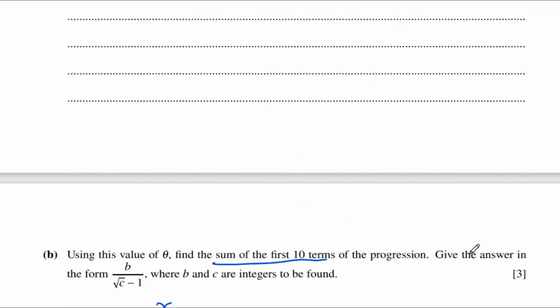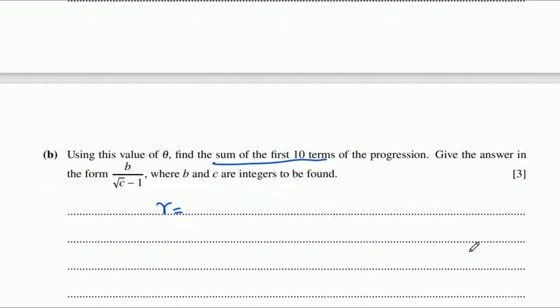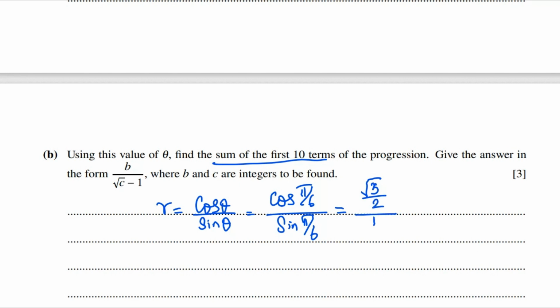Let's take cos theta divided by sin theta. And we found the theta value is pi over 6. So cos pi over 6 divided by sine pi over 6, which is equal to square root of 3 divided by 2 divided by 1 over 2, which is equal to square root of 3.